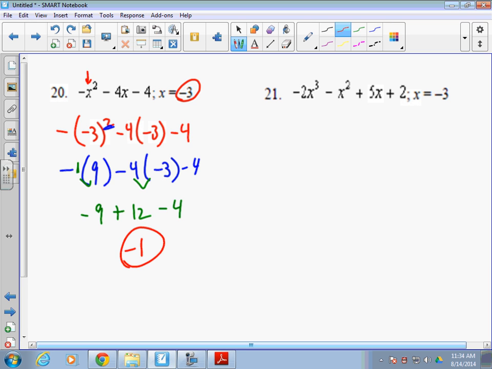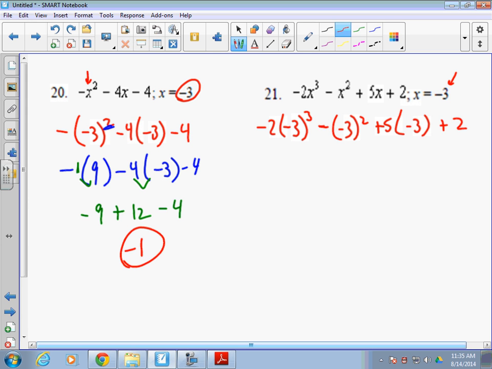And then finally, number 21 says negative 2x to the third power minus x squared plus 5x plus 2 when x's value is negative 3. So negative 2 times (negative 3) to the third power minus (negative 3) squared plus 5 times negative 3 plus 2. All we did was substitute in the value negative 3 in place of x.